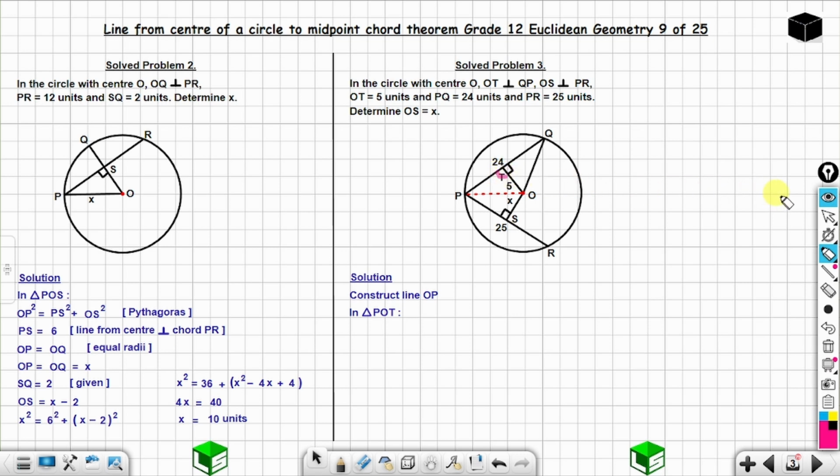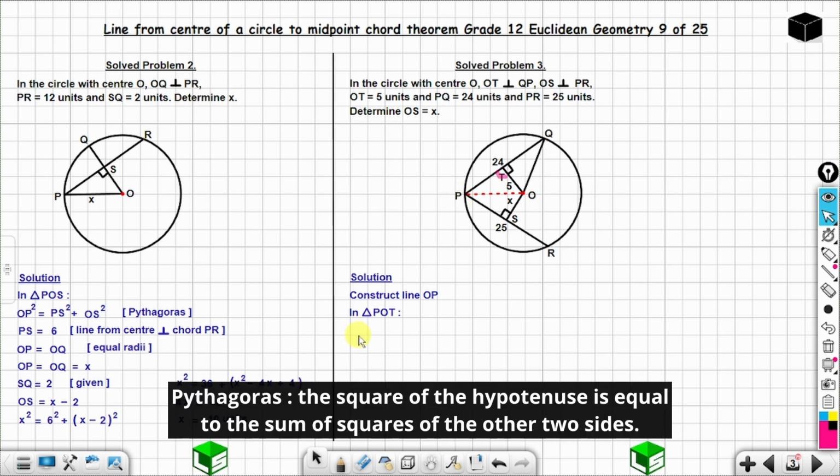Remember, Pythagoras can only be used in a right triangle. Using Pythagoras, OP square is the hypotenuse. The hypotenuse is always opposite the right angle.